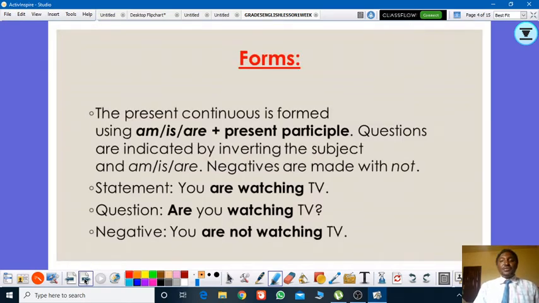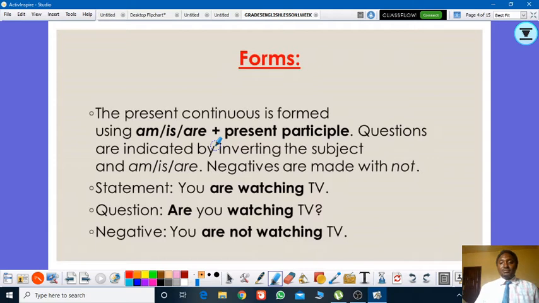Now, there are different forms of the present continuous tense, how it is used in affirmative or positive statements, in a question form, and in a negative sentence. So the present continuous tense is formed using am, is, and are, plus a present participle.